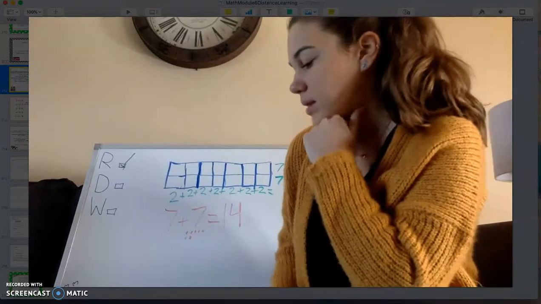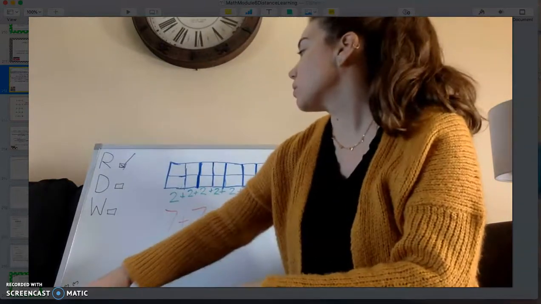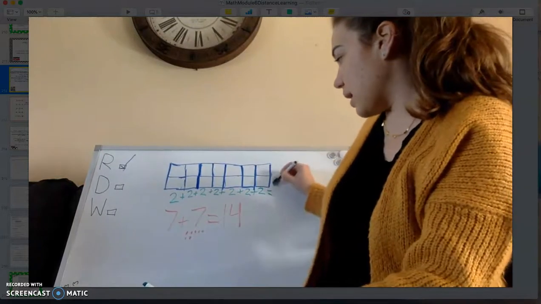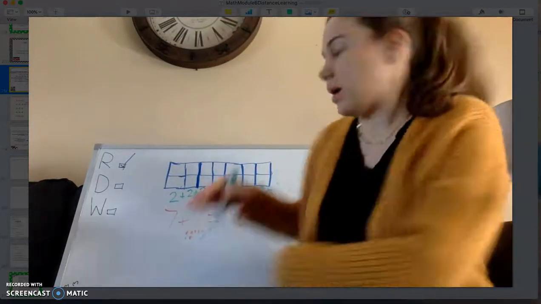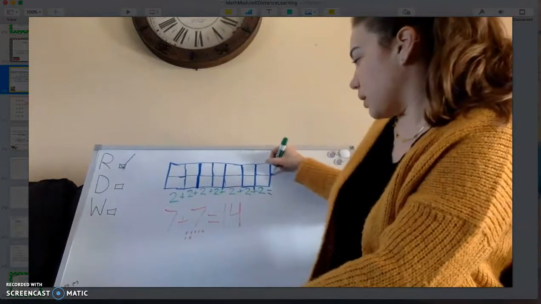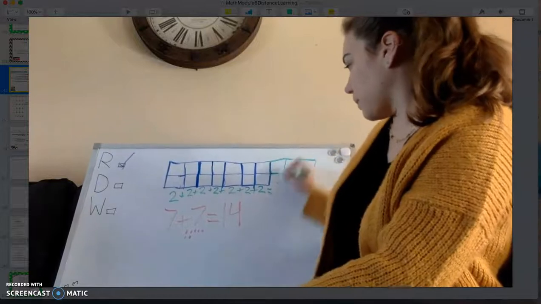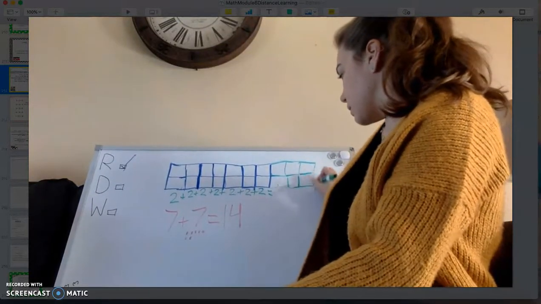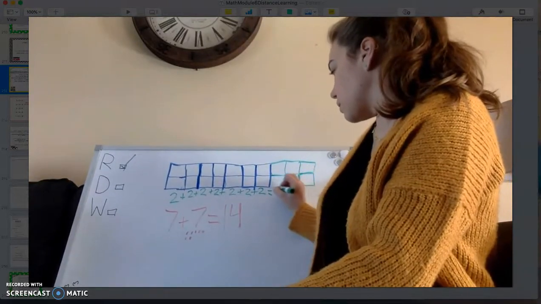But now it asks us if 3 more came and they sat down on each side of the table. So we need to add 3 more on each side. So 1, 2, 3, 4, 5, 6.